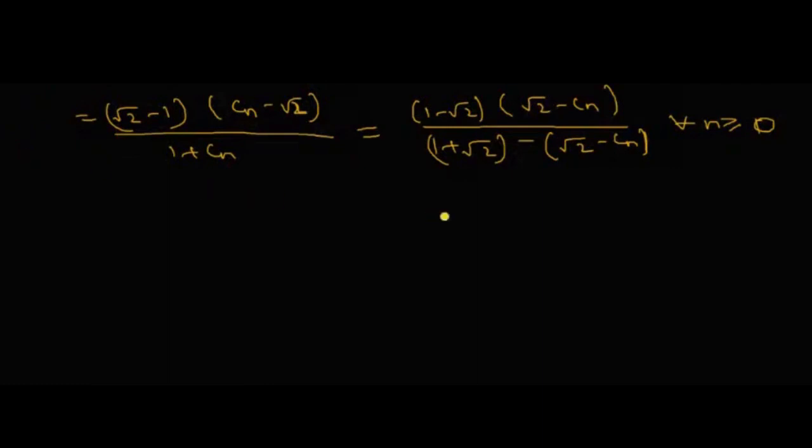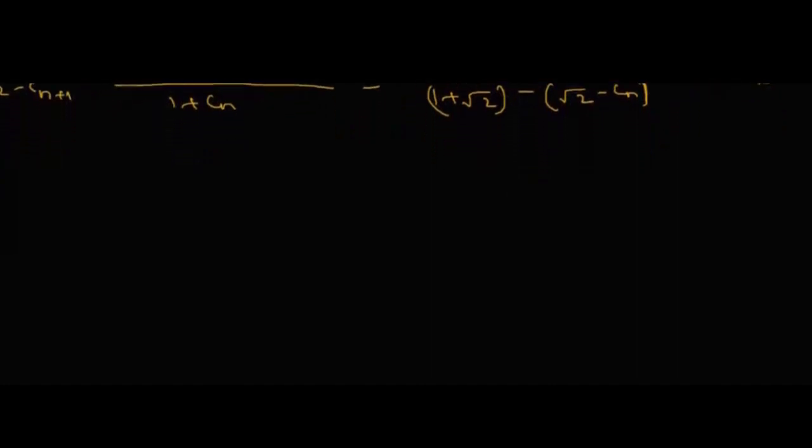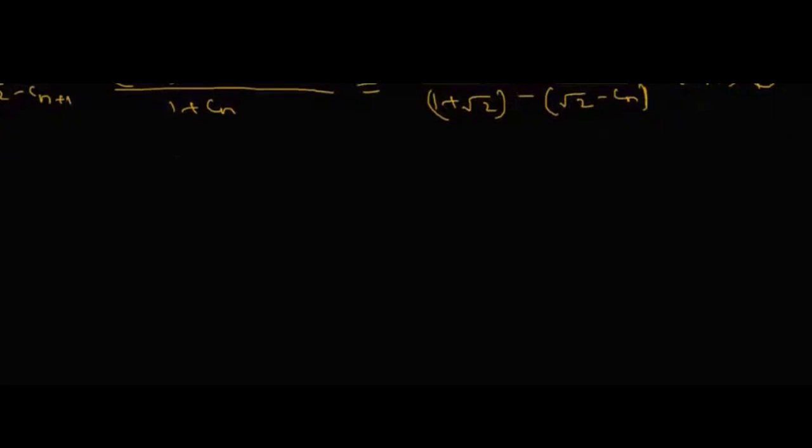So this is root 2 minus c_(n+1) in terms of root 2 minus c_n. Okay, so this completes our first part.